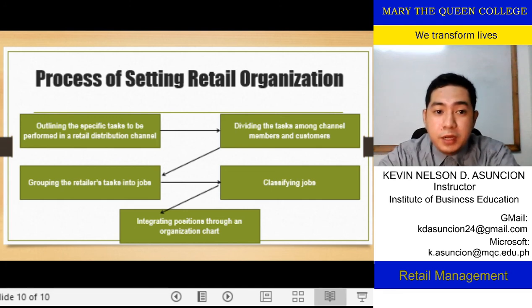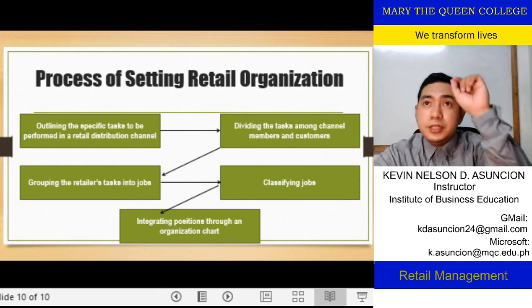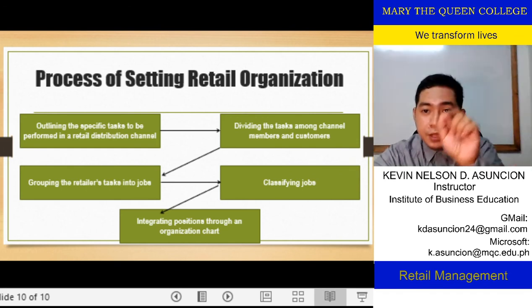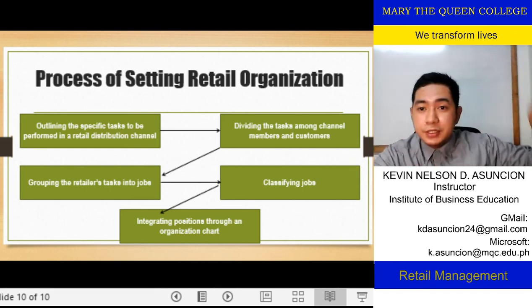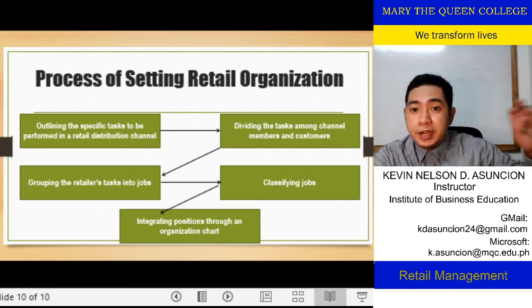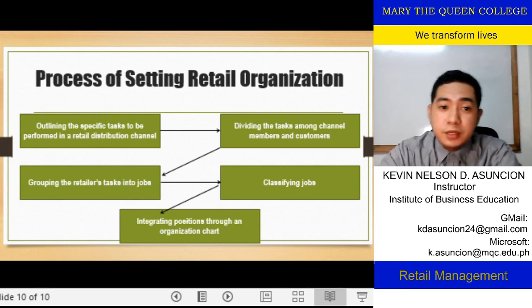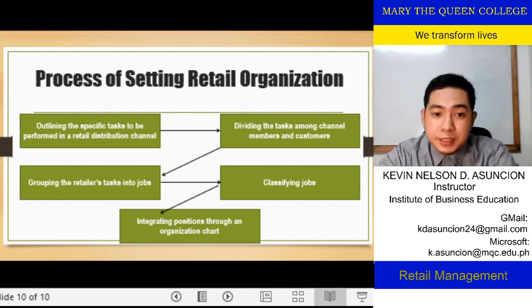Grouping the retailer's tasks into jobs, classifying those tasks as jobs, and integrating positions through an organizational chart. This is where it starts. Let's say you have a supervisor or a manager, and then there are functional managers, and then we have the cashier head, among others, who are part of the retail organization depending on the tasks.